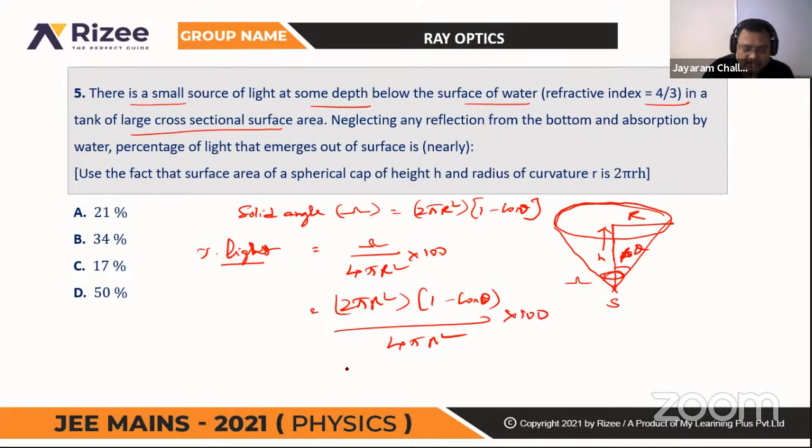So remove all the common terms. What will it be left with? 1 minus cos theta by 2 into 100, which is equal to 4 minus root 7 by 8 into 100.